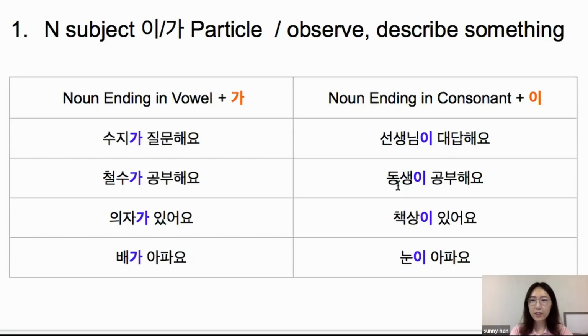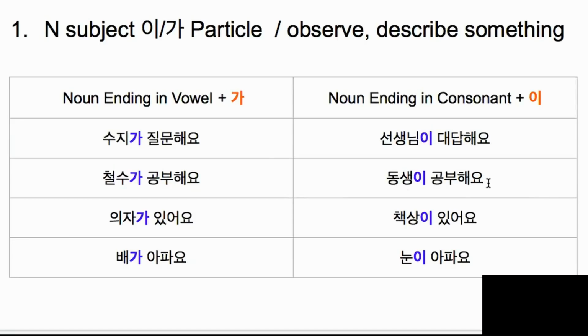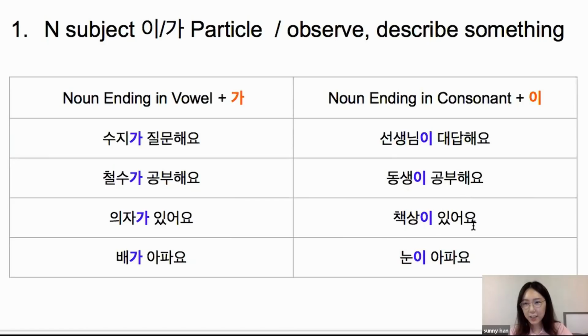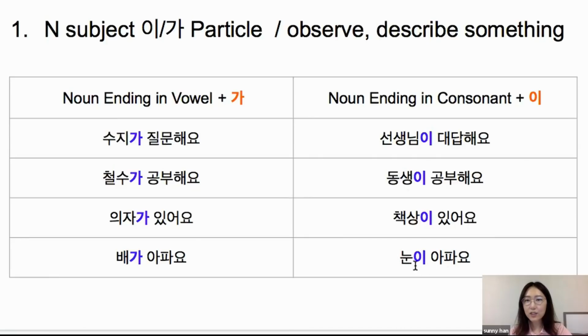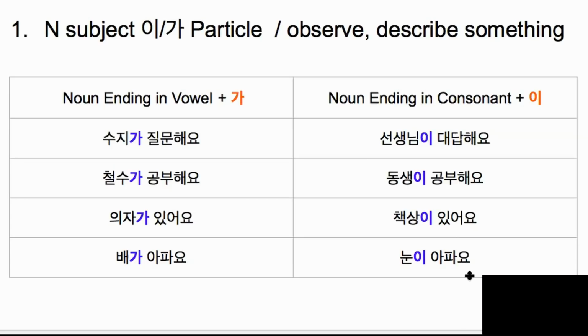Sibling, study. 동생이 공부해요. Desk, there is. 책상이 있어요. I hurt. 눈이 아파요. Good.